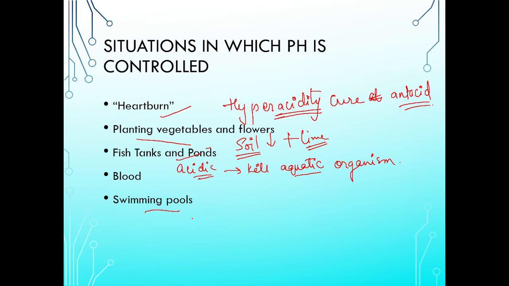Bleaching powder, you remember the pH of 12, it is basic, right? So just to control the infectious disease spreading inside the swimming pool from one person who is infected to another person, we just add bleaching powder to it. So these are the examples where pH can be controlled.